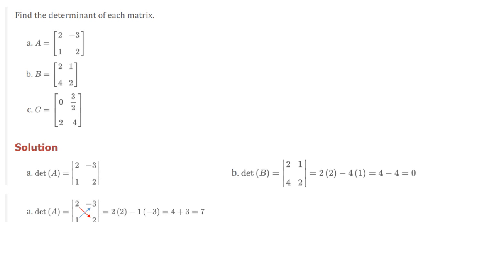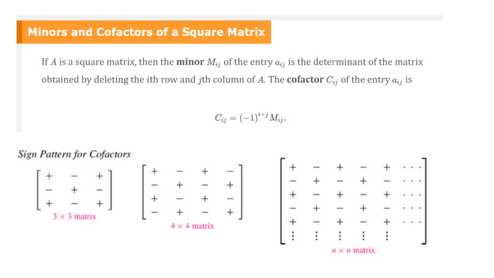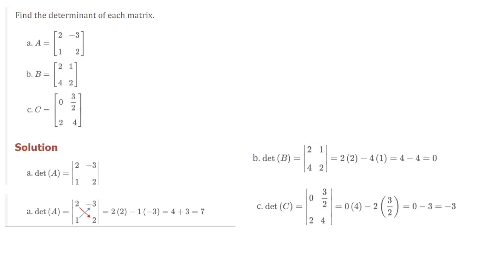Okay, so for letter B, we would multiply 2 times 2 and 1 times 4. So 2 times 2 is 4, minus 4 times 1 is 4, so 4 minus 4 is 0. Letter C: we have 0 times 4 is 0, and 3 halves times 2, negative 3, and so my answer would be negative 3.